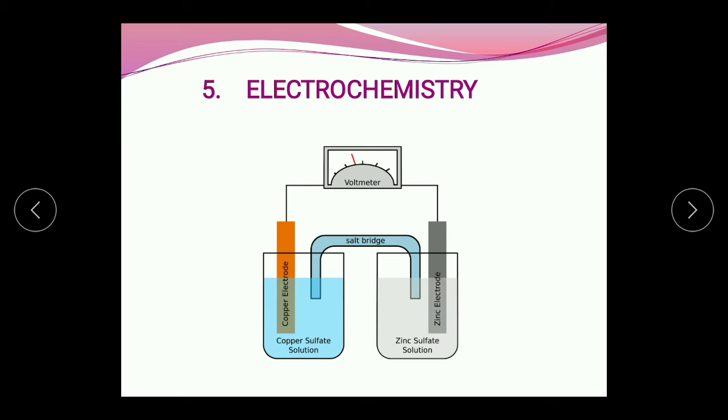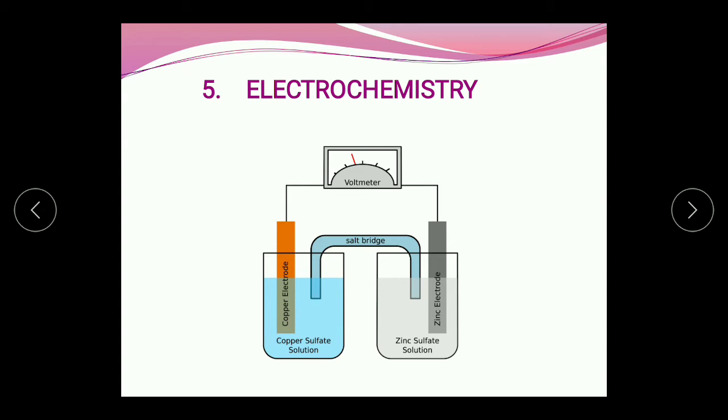As you all know, we have started studying the fifth lesson of your syllabus, that is electrochemistry. We will just revise some basic points we learned in the previous two sessions. First and most important thing is about this branch of chemistry, which is concerned with interconversion of two types of energies, chemical and electrical.